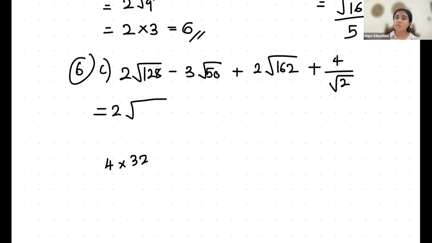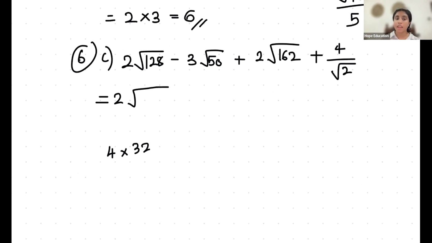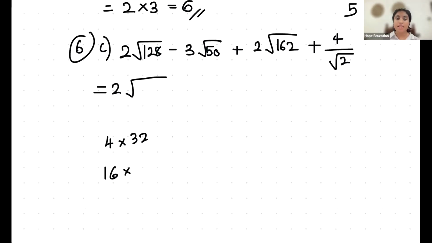After 4 the next perfect square is 9. Does 9 come? No. After 9, the perfect square is 16. Does 16 come? It's 16 times 8. 8 times 6 is 48, 4 remaining. 8 times 1 is 8.